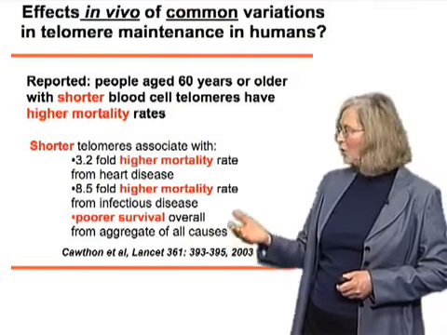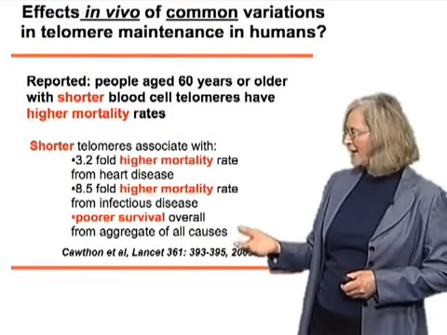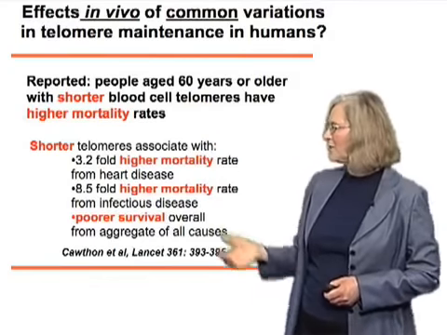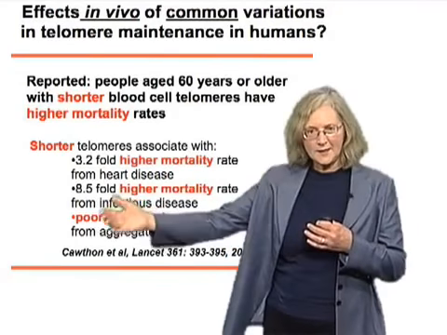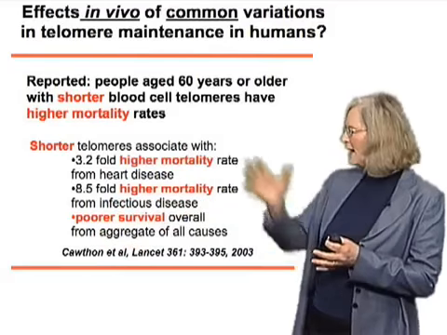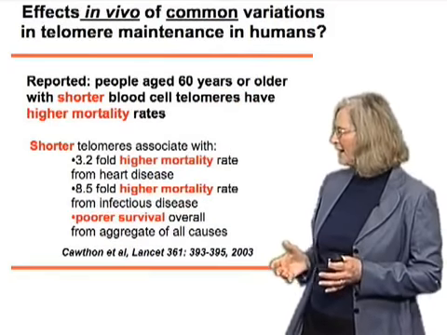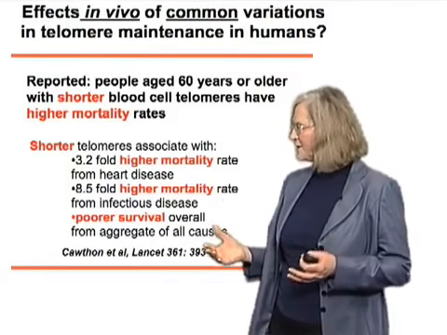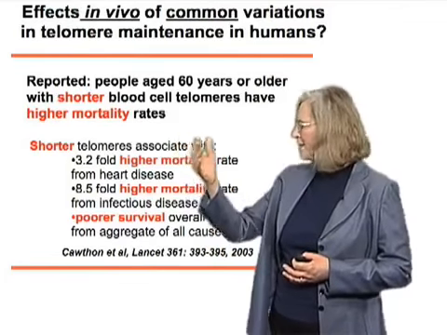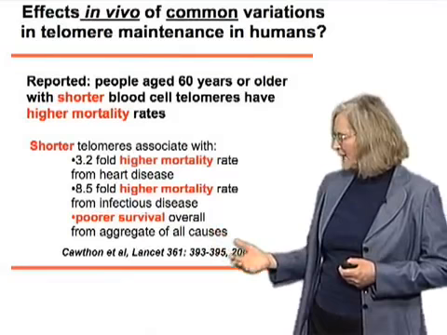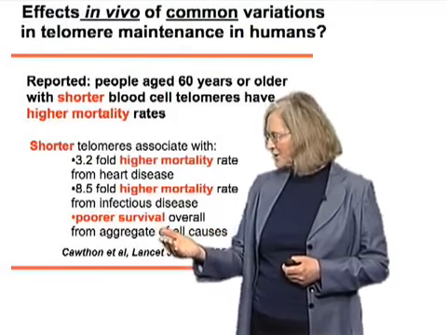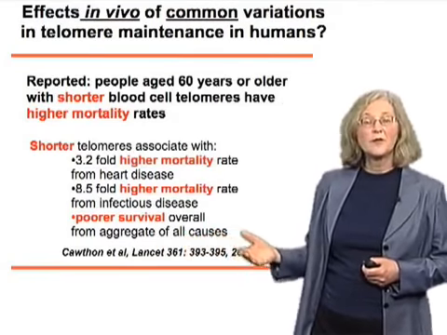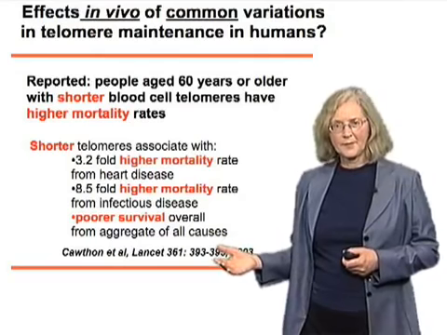And indeed, from all causes of mortality in this elderly cohort of people who were followed for 17 years subsequent to the time that their telomeres were analyzed, overall, from all causes, the people with the shorter telomeres had higher mortality rates, in other words, poorer survival, compared with those with the longer telomeres.